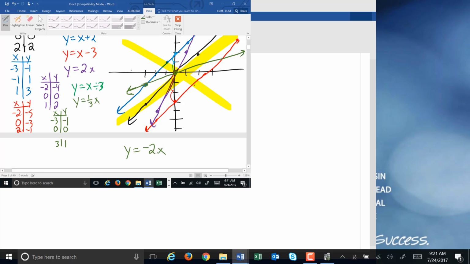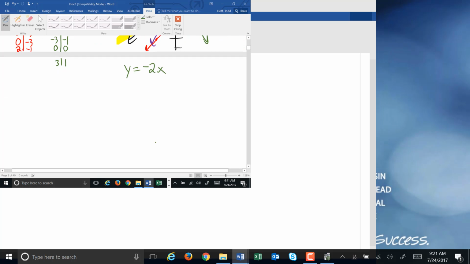Now, if x is -2, y is going to be +4. If x is -1, y is going to be +2. If x is +1, y is going to be -2. So we would get that downward angling line like that. So realistically, there's only 2 things we can do to an equation when we graph a line.